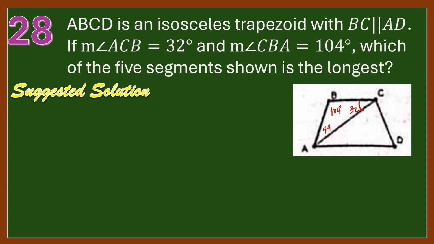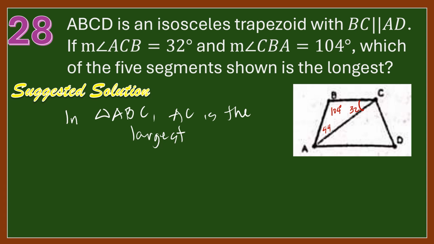In a triangle, the side opposite the largest angle is the longest side. Hence, in triangle ABC, AC is the largest side. Let us look at triangle ADC. Since angle ABC is equal to 104, it must be the supplement of angle BAD.